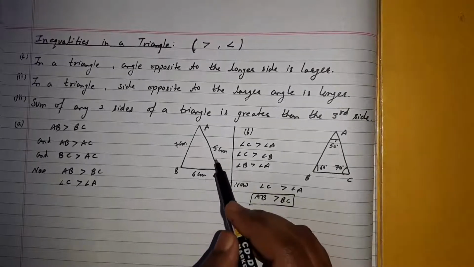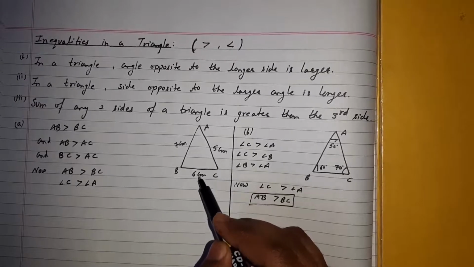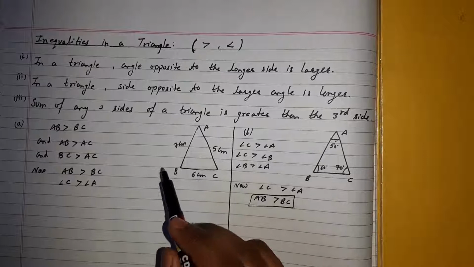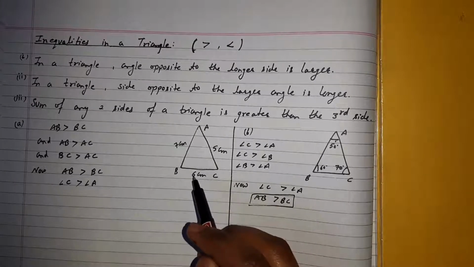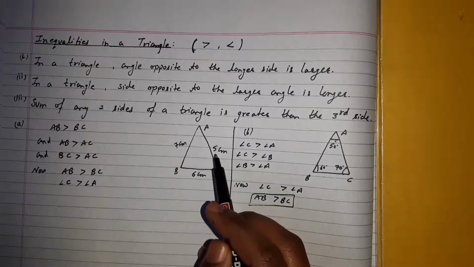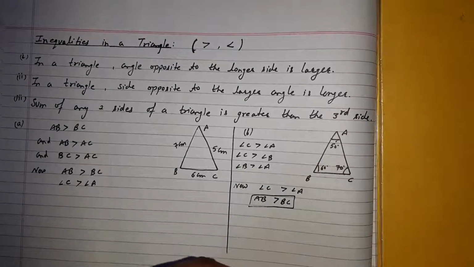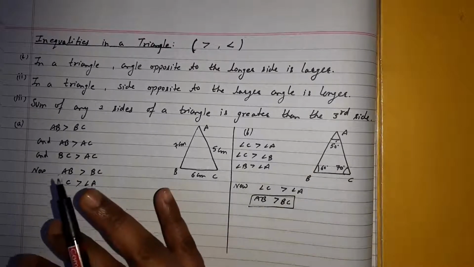Now suppose I am finding the sum of 5 and 6 centimeter, so it is 11, and 11 is greater than 7 centimeter. Now the sum of 7 and 6 is 13, and 13 is greater than 5 centimeter. It means we can say the sum of any two sides of a triangle is greater than the third side. So I think this is clear.